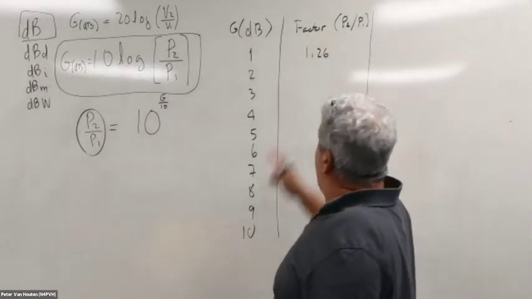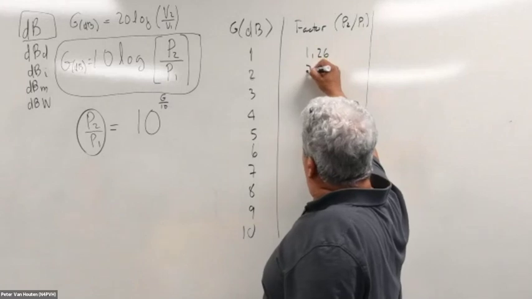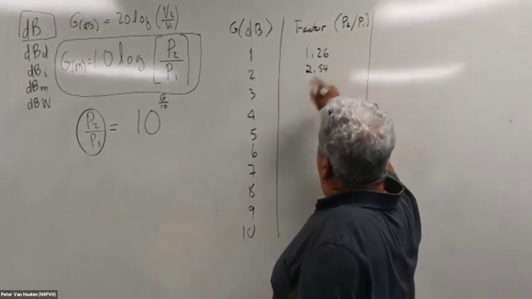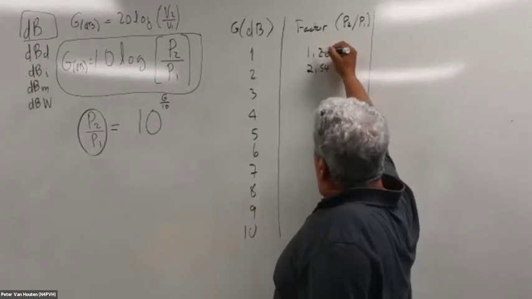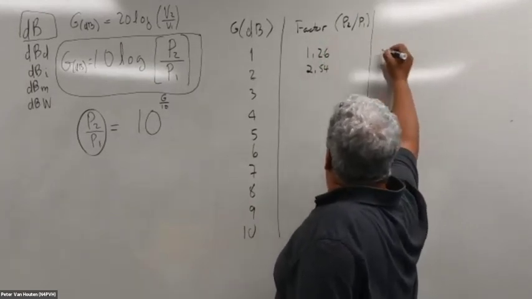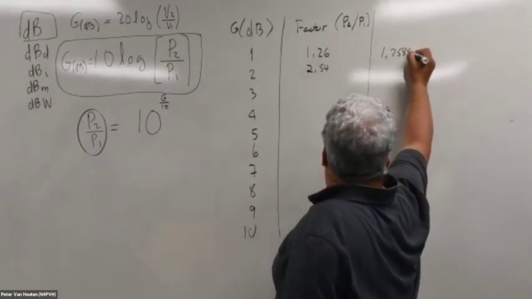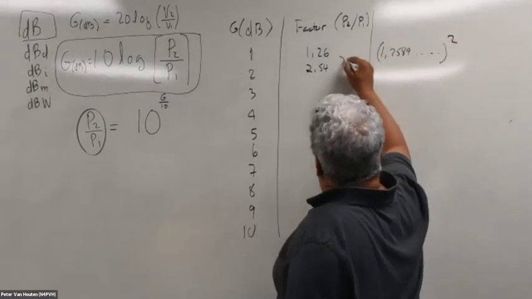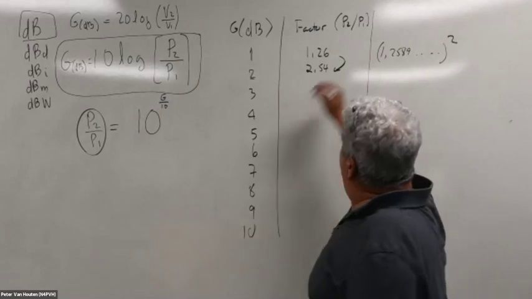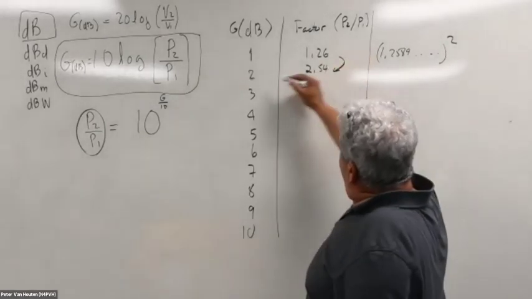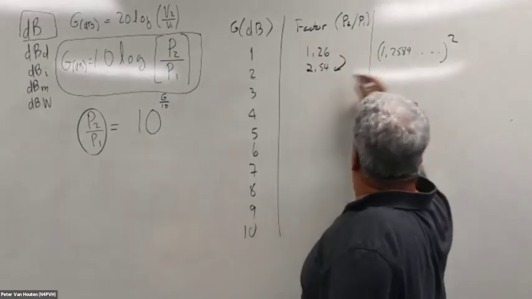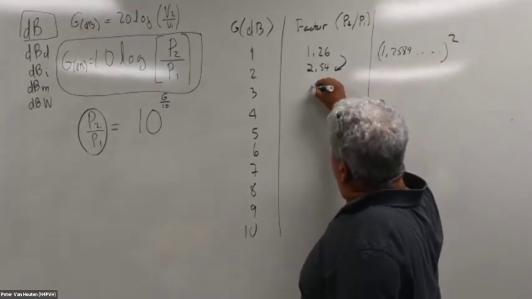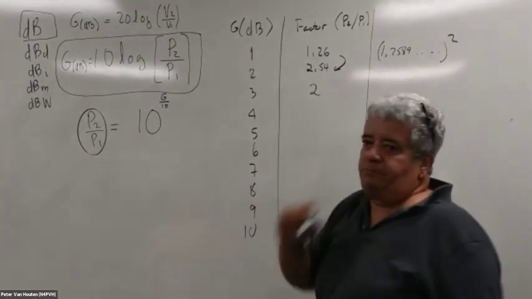And then the second one will be 1.58, more or less. If you square 1.26, well, it's not exactly that, it's like 1.2589, you get this one. And if I multiply again this value that corresponds to 2 decibels by 1.26, then I will get pretty close to 2.